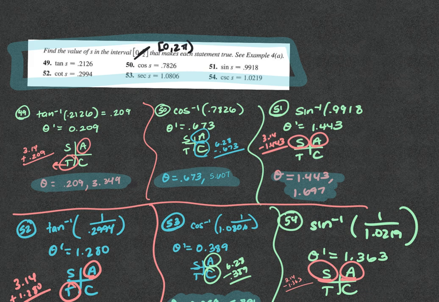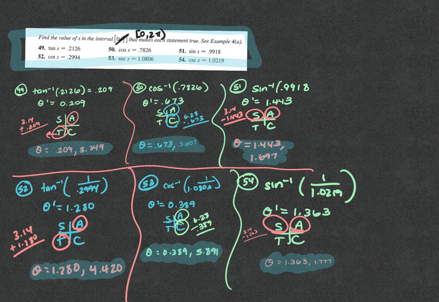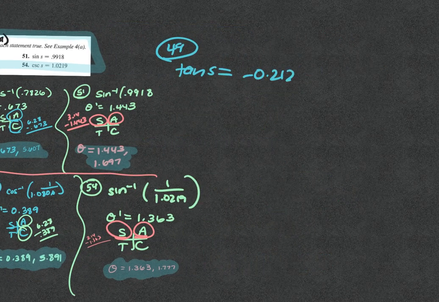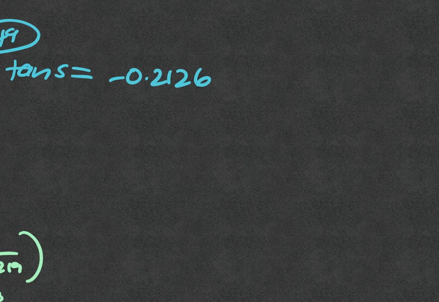The other thing to pay attention to is that none of these questions were negative. So remember when they're negative, let's just say I'll do 49 as though it were negative so that we remember what we're doing. If it said tan of S equals negative 0.2126, then I'm going to treat it as though it's positive first.